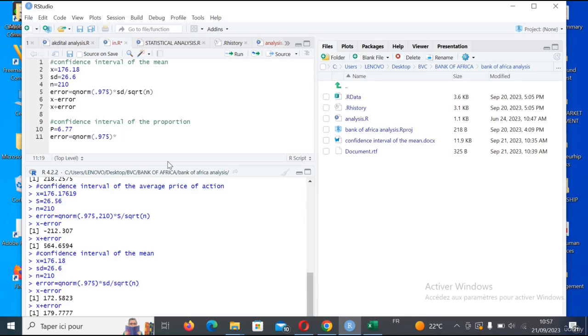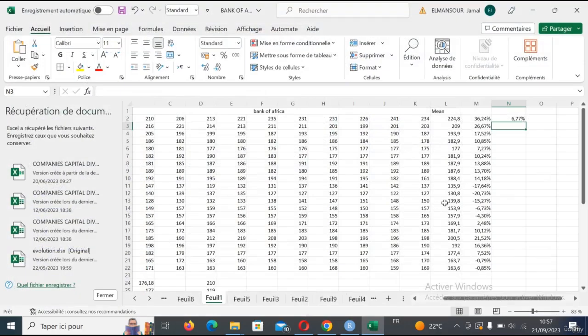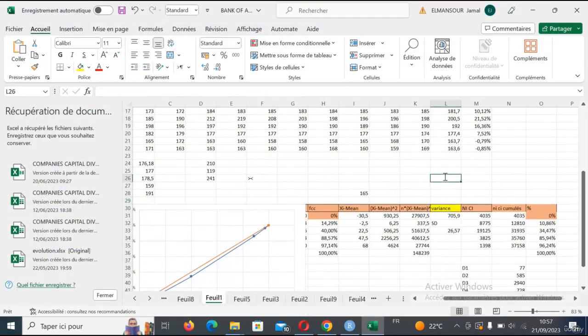N is the number of all values that we calculated here. We're gonna call it number.